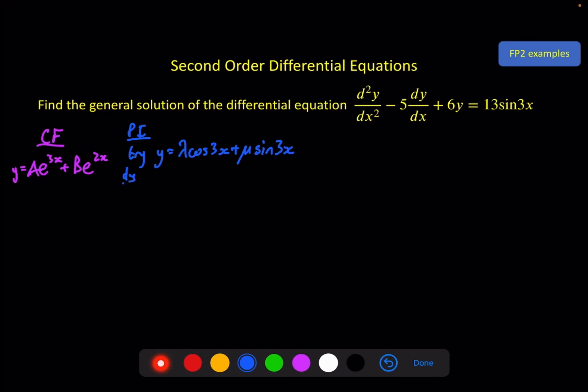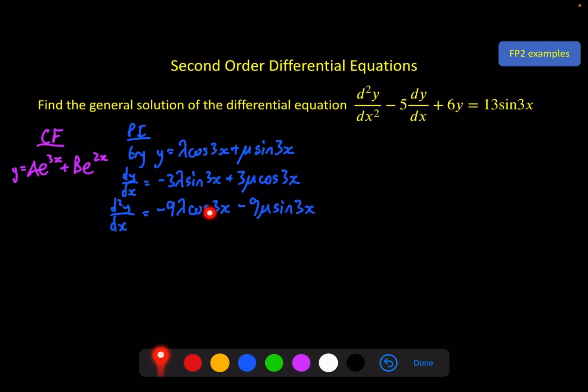So the first derivative is minus 3λ sine 3x plus 3μ cosine 3x, and the second derivative is minus 9λ cosine 3x minus 9μ sine 3x. Then we have to put this into here and make it equal to 13 sine 3x.